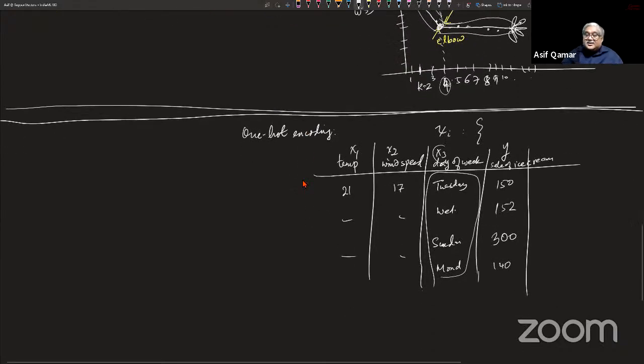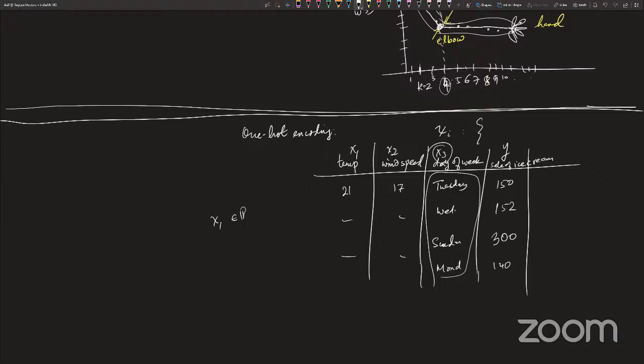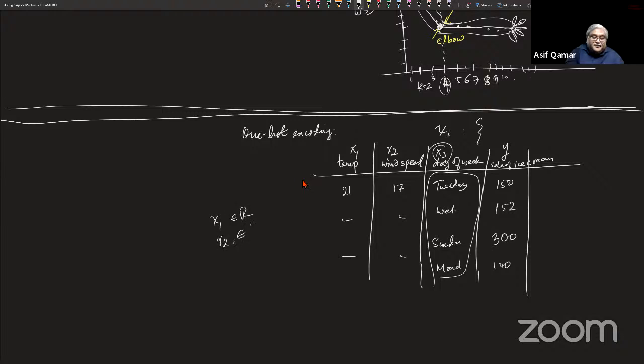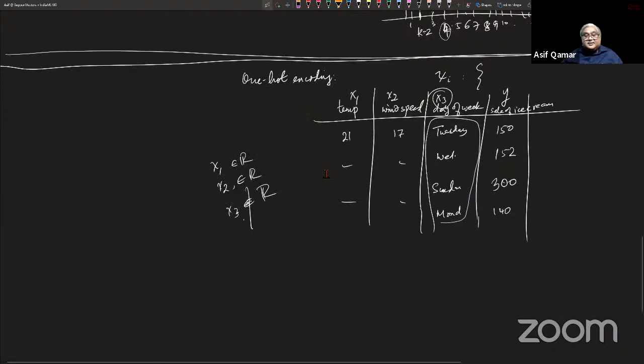This x3 is problematic. Why? Because at this moment, x1 belongs to real, x2 belongs to real, but x3 does not belong to real. So the way you solve this problem is you say, all right, I'm going to create binary features.